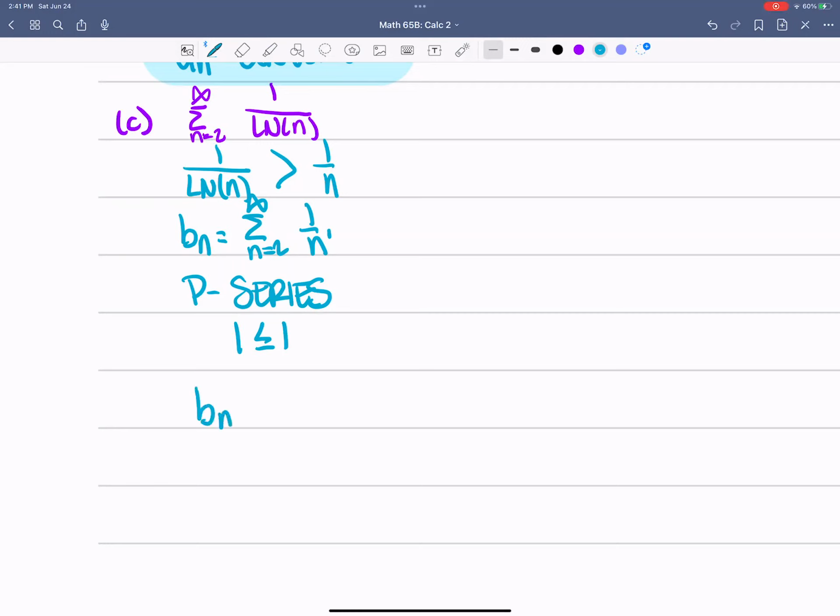So b sub n diverges based on the p series. Because b sub n, a value that's smaller than 1 over ln of n, diverges, we have to say that a sub n also diverges.